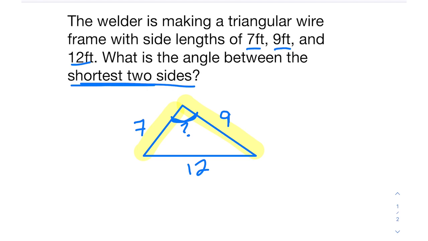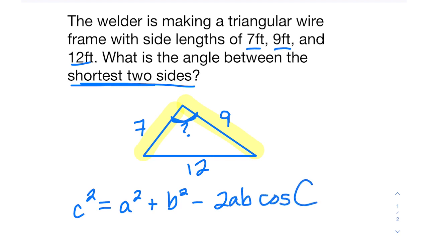And our law of cosines, let's see if we can figure out what that is. And that would be c squared equals a squared plus b squared minus 2ab cosine C. And when we use a capital letter, that represents your angle, and the lowercase version of it represents your side length.